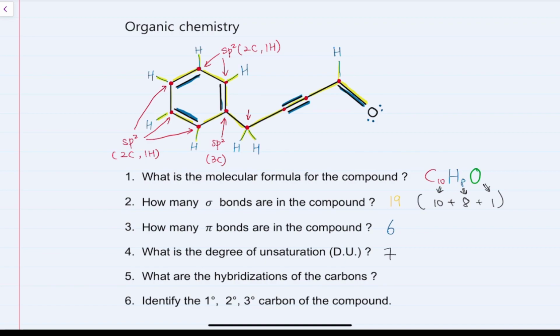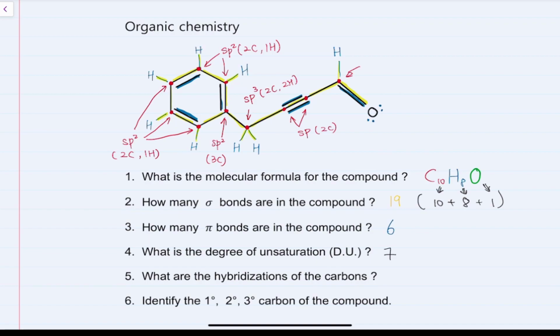Whereas this one is sp3 hybridization because it connects to 2 carbons and 2 hydrogens. These two on the right are sp hybridization because they're connected to 2 carbons.